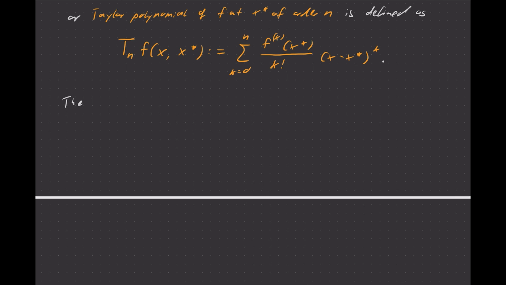And it also gets a symbol, the difference will be written as Rn at the point x, and that's simply defined as the function value f of x minus the Taylor polynomial of f around x star evaluated at x. This one here is called the remainder.